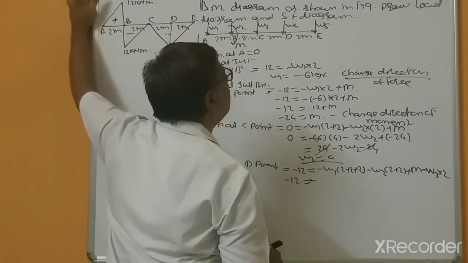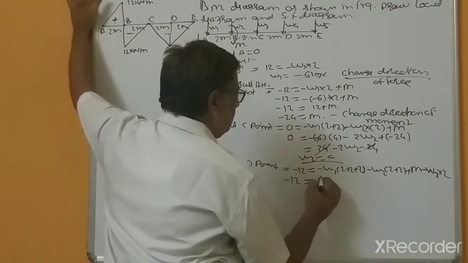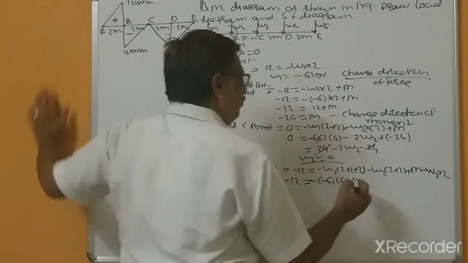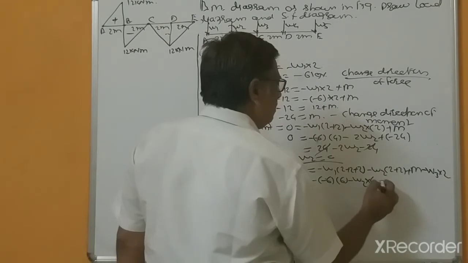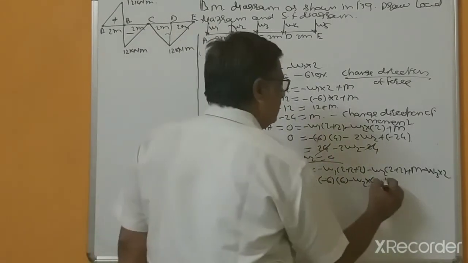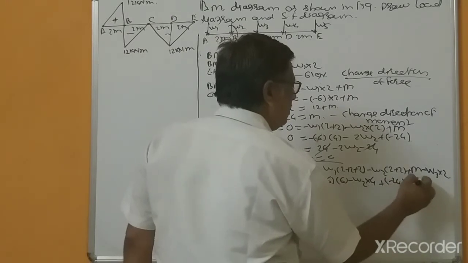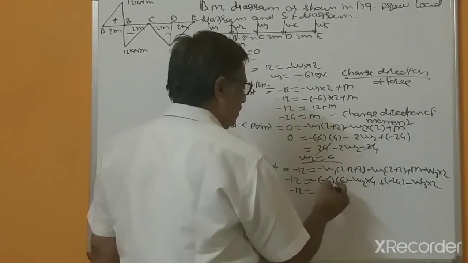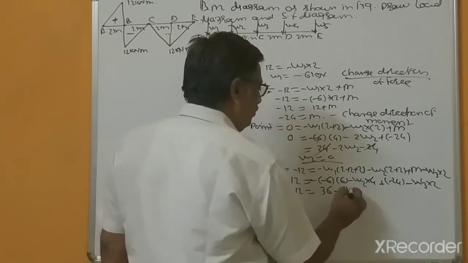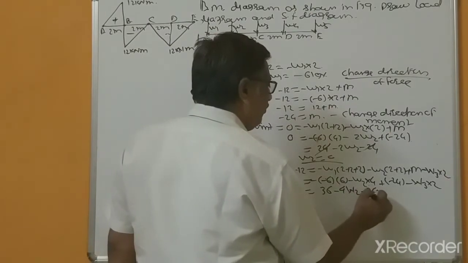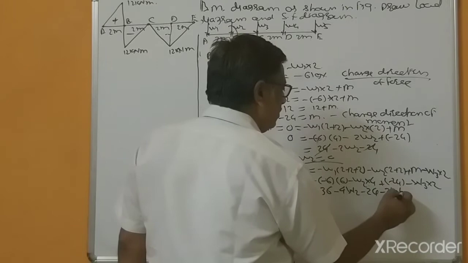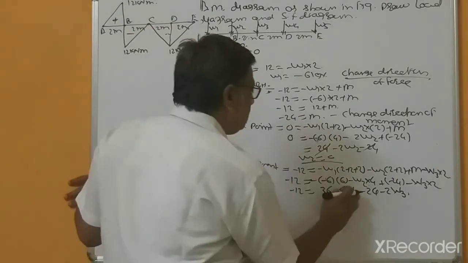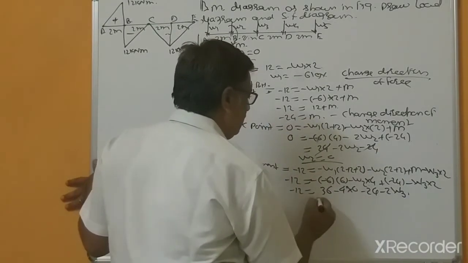Minus 6 into 6, that is 36, 4 W2, 24, 2 W3, right? 4 W2, so this is multiplied by 0.